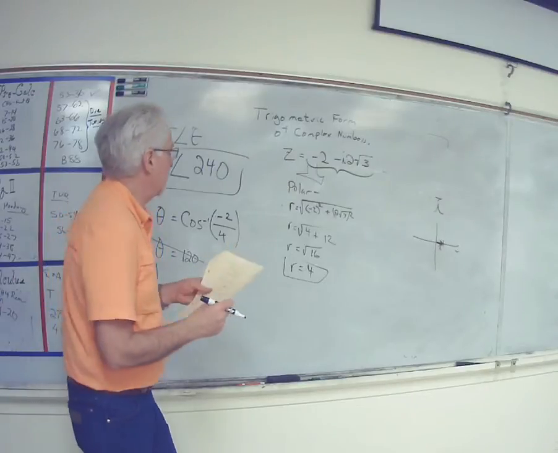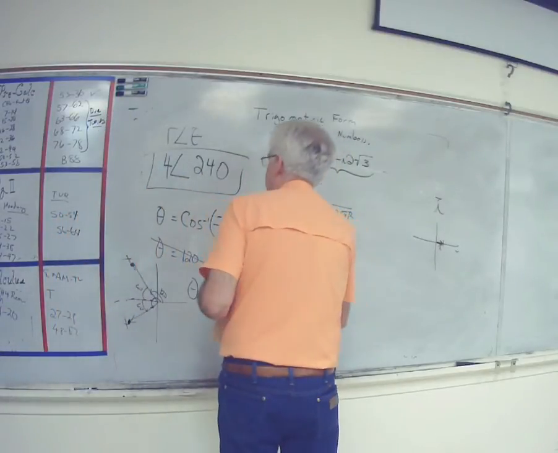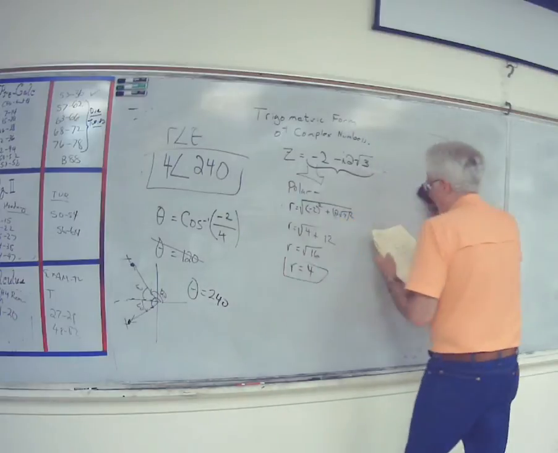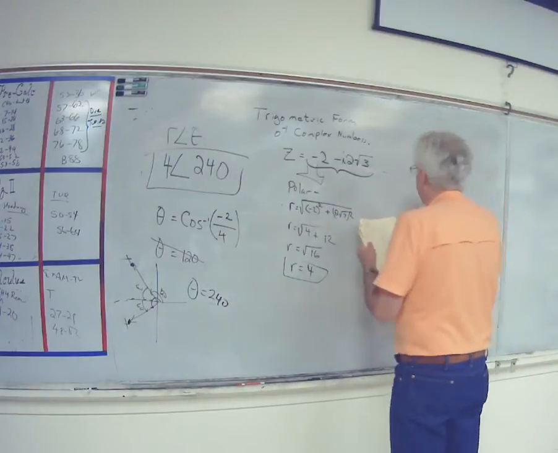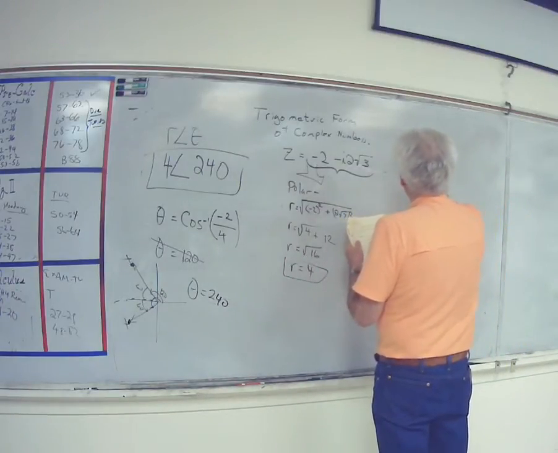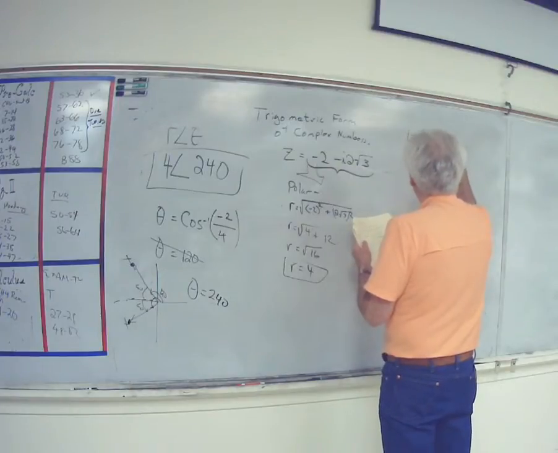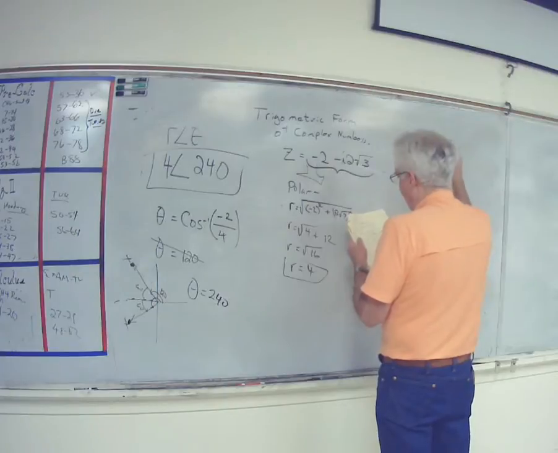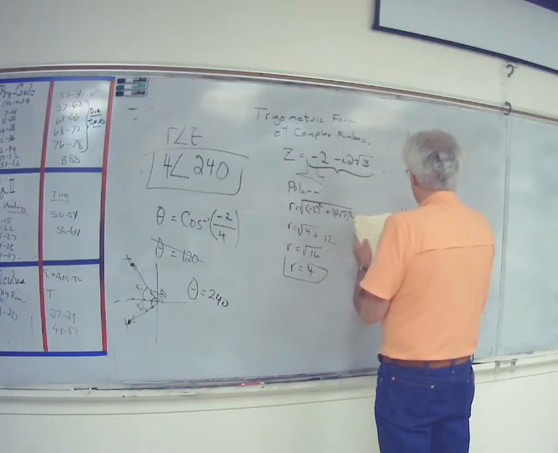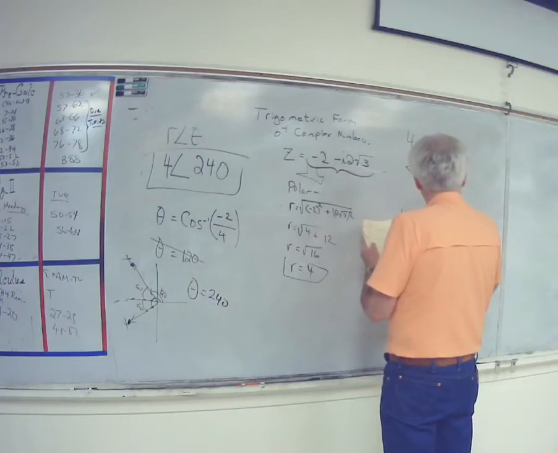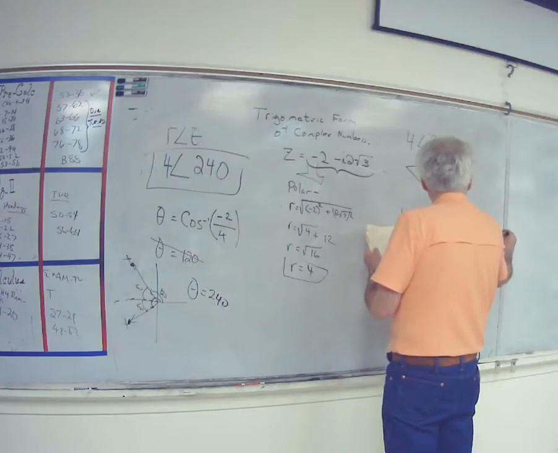Okay, so there's two ways to write this now in polar form. You could say 4 at an angle of 240, or you could also write it as 4 cosine of 240 plus i 4 sine of 240.